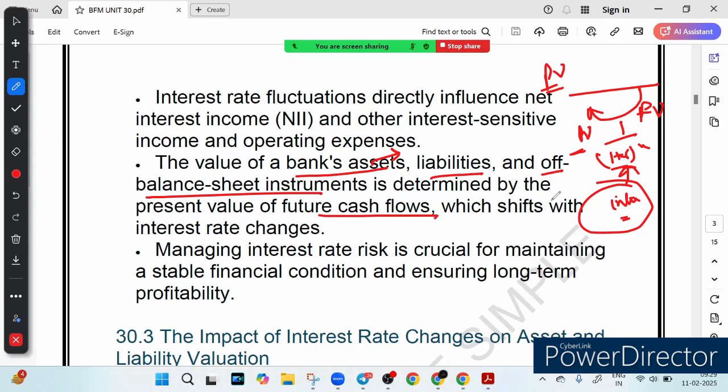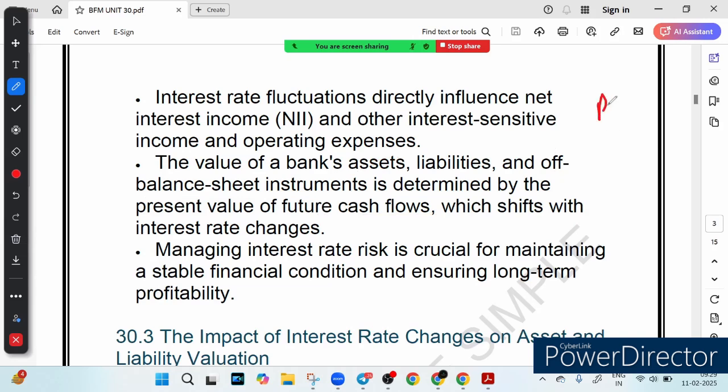That is why it is said that the value of an asset, liability, or balance sheet instrument is determined by the present value of the future cash flow. And obviously, if the interest rate changes, this present value will also change. So you can see this interest rate has a significant impact on the present value of the asset, liability, or balance sheet exposure. I hope you are familiar with this present value. You have learned it in JIB also, and also in CIB you are learning currently.